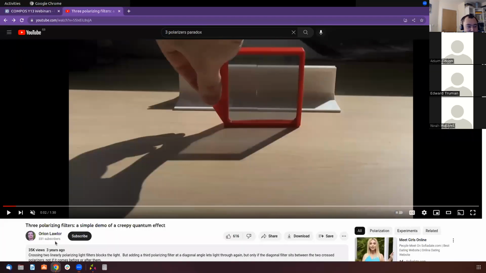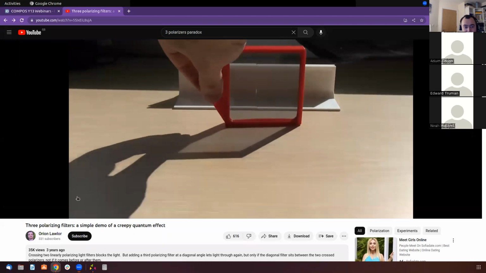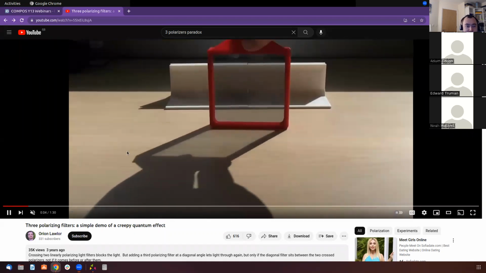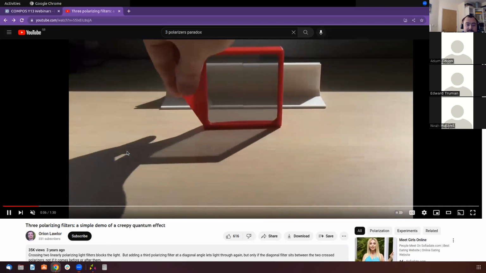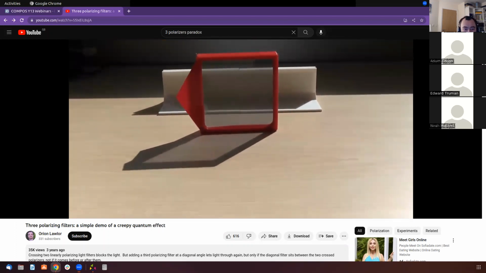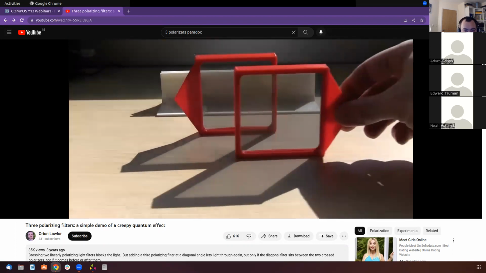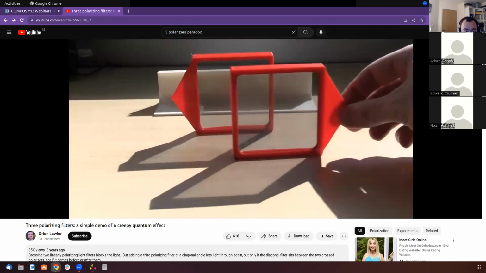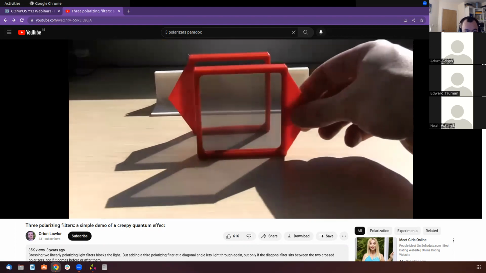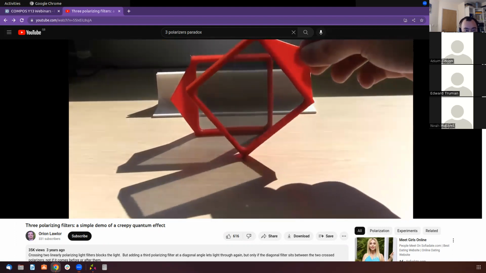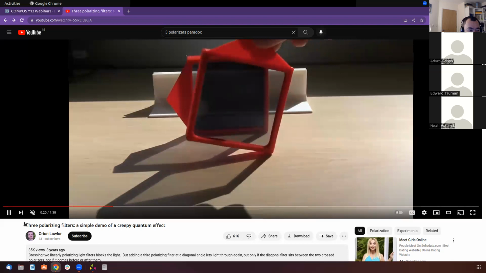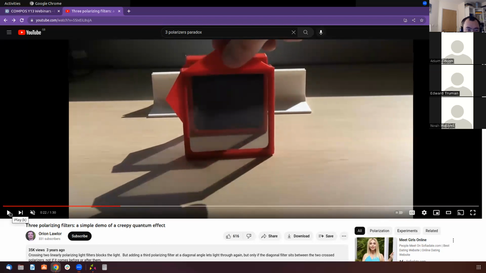And let's have a look. Polarizer number 1, I believe this is a horizontal polarizer. Now we take another horizontal polarizer, and the light comes through. Now, if you turn the second polarizer by 90 degrees, you have 0 transmission.